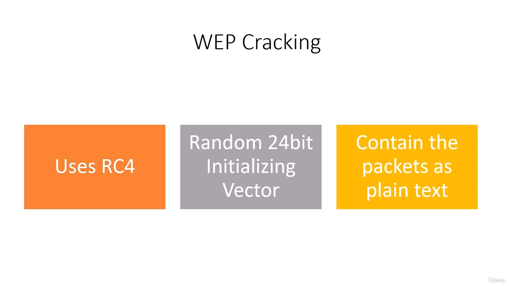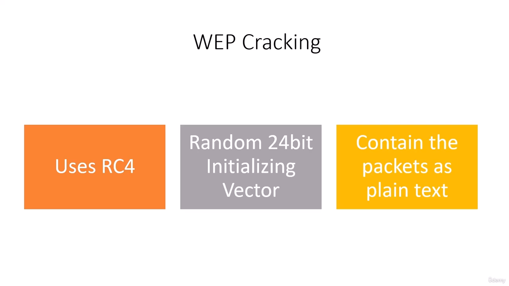In a busy network, we are going to have a very large number of packets, so the possibilities of unique IVs will be exhausted, and we will be able to sniff all those packets and collect the ones that have the same initialization vector.